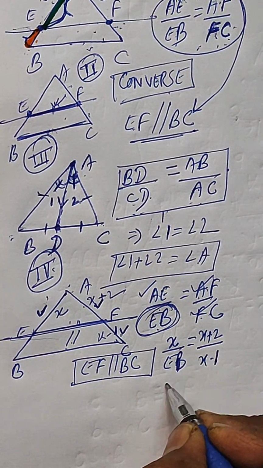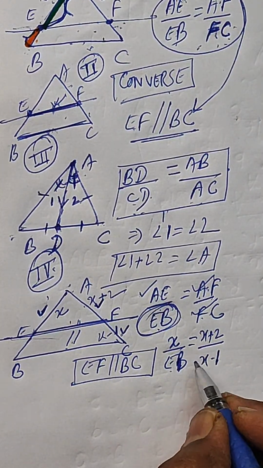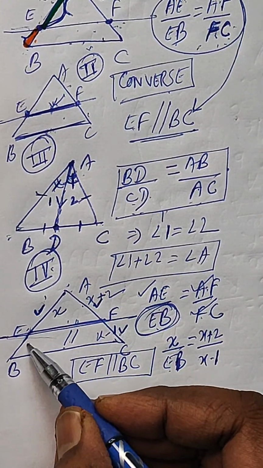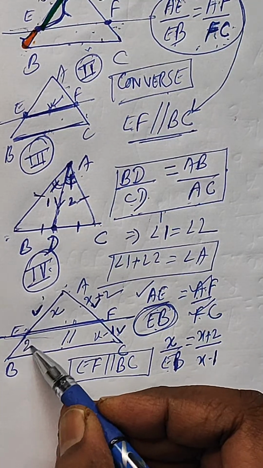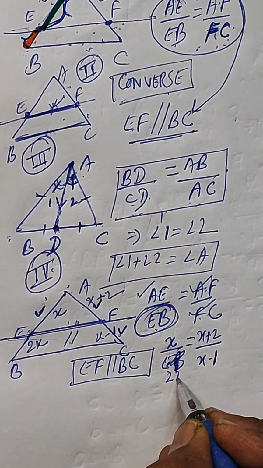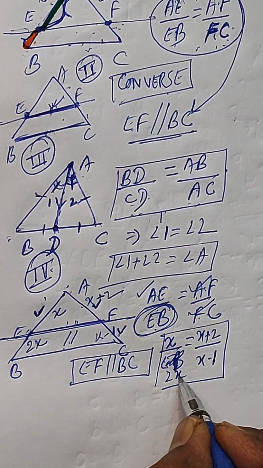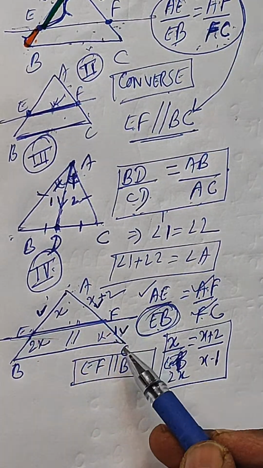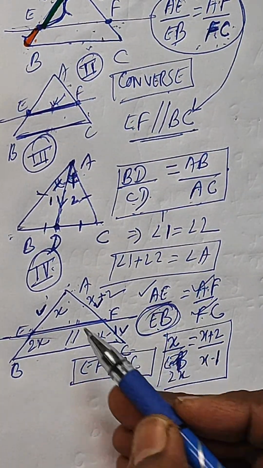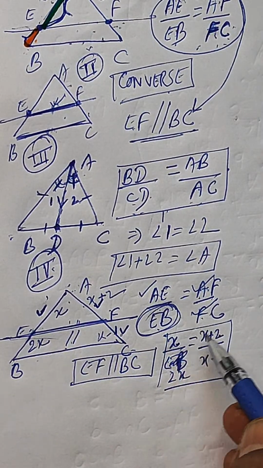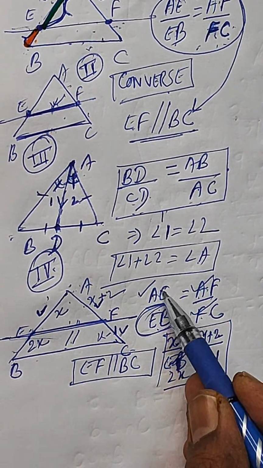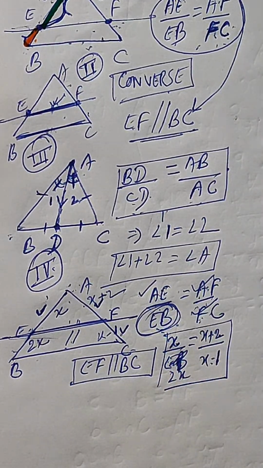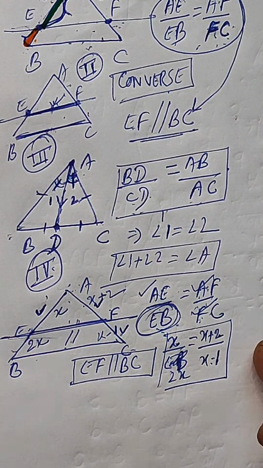Even if EB is given in the form of some x, let us say 2x, then you can simply solve it and find the value of x, and then the corresponding values of AE, EB, AF and FC. It can also be given that instead of x, some values are given and one of them is not known, then you can easily calculate it by putting in the values, my dear friends.